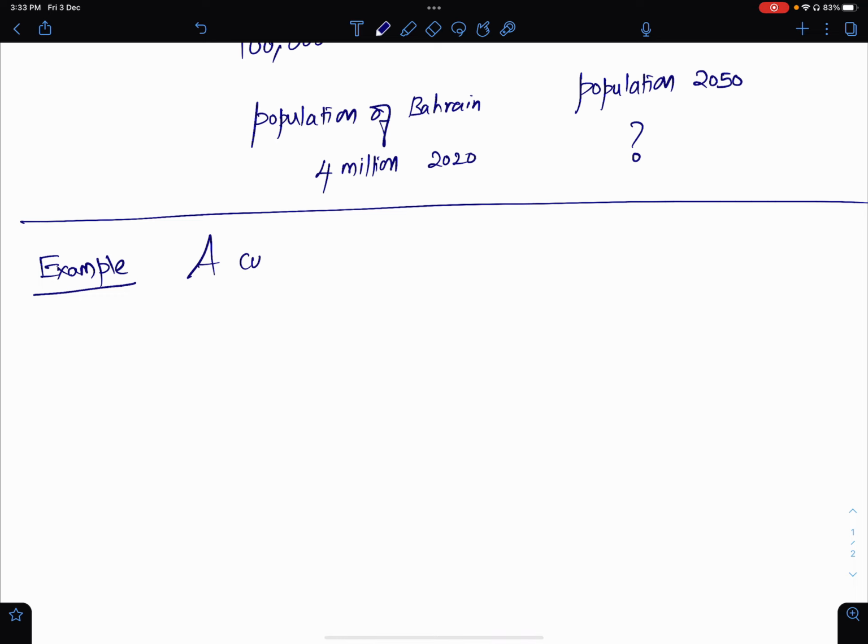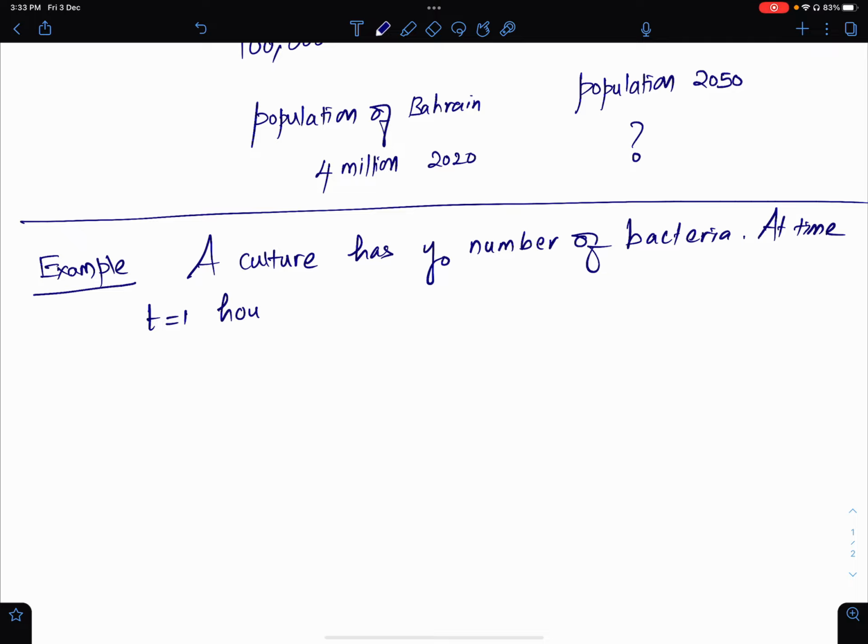A culture has y naught number of bacteria at time t equal to 1 hour. The number of bacteria is measured to be 1.5 y naught.